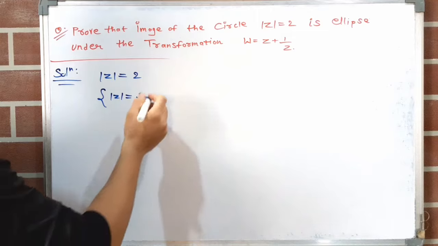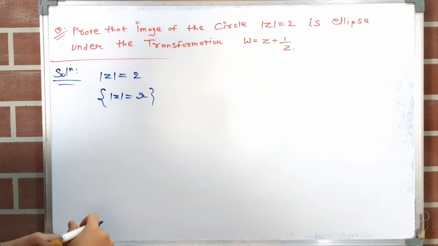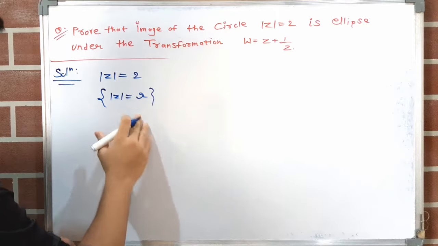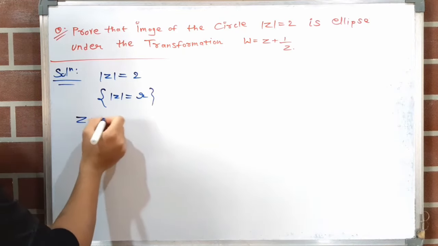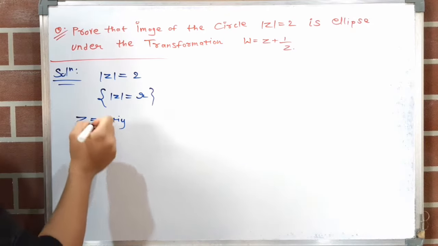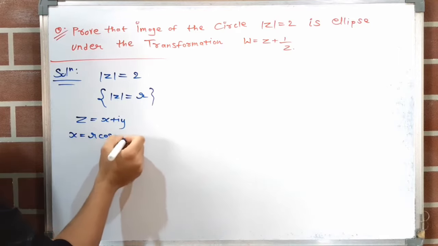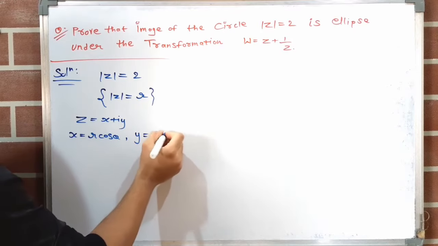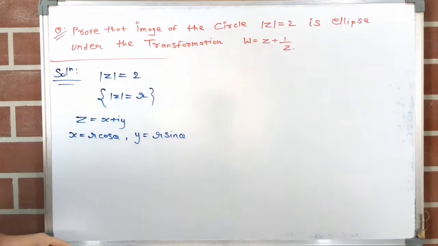Why r? When we discussed the polar form of the complex number, we derived this, but don't worry, I will show it here also. So now what is z? Z is x + iy. In polar form we can write x and y as x = r cos theta and y = r sin theta.